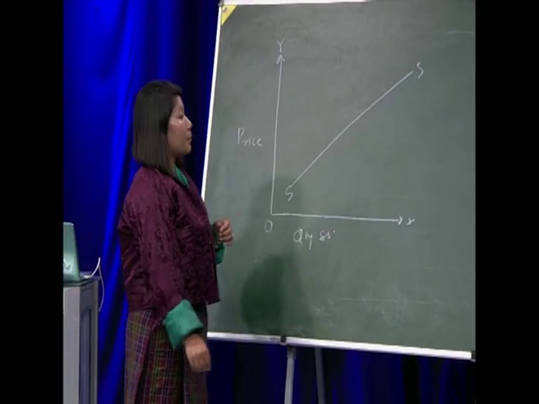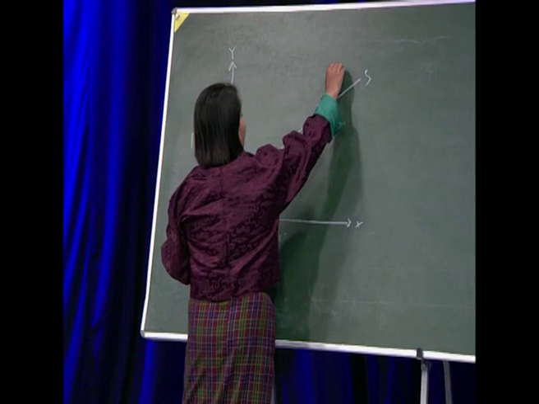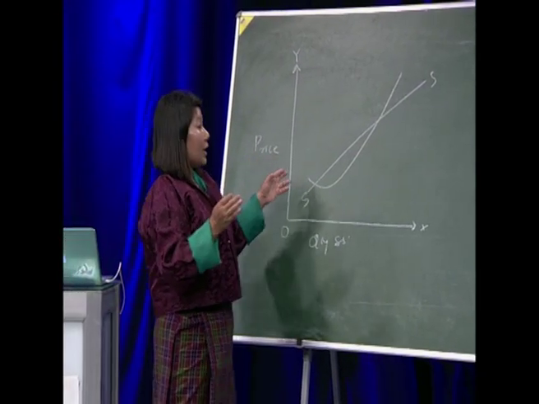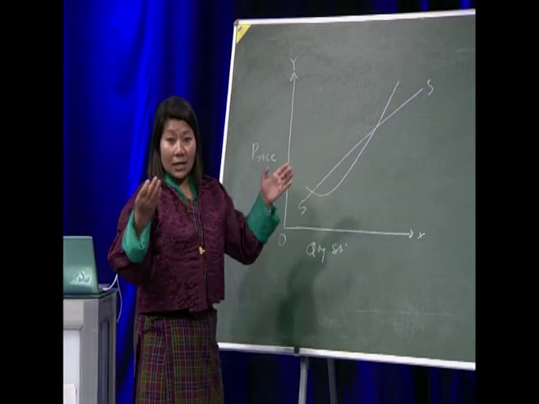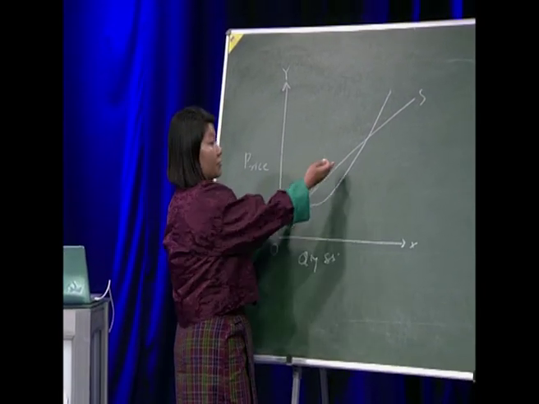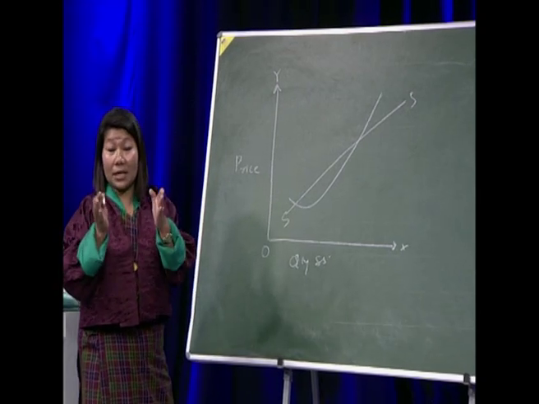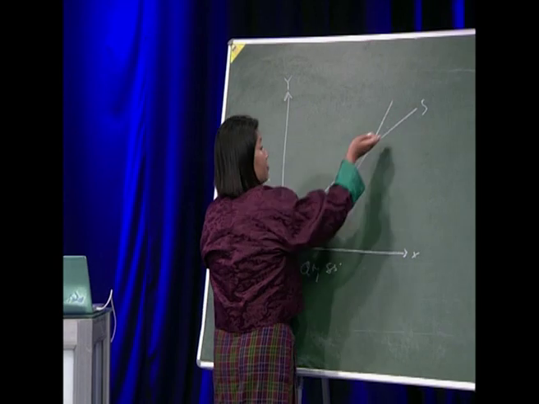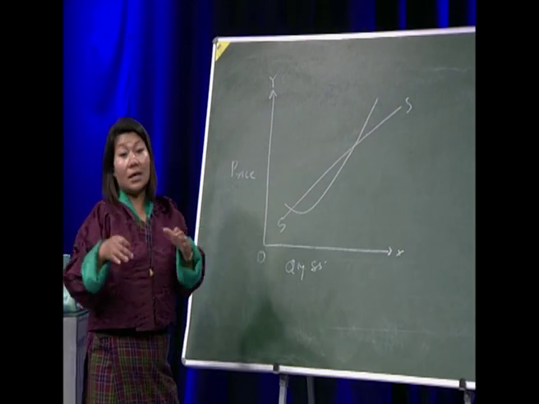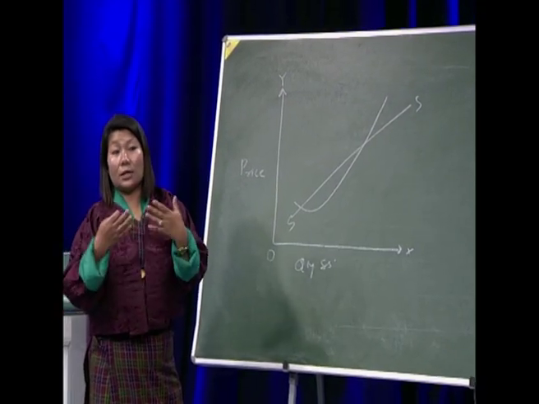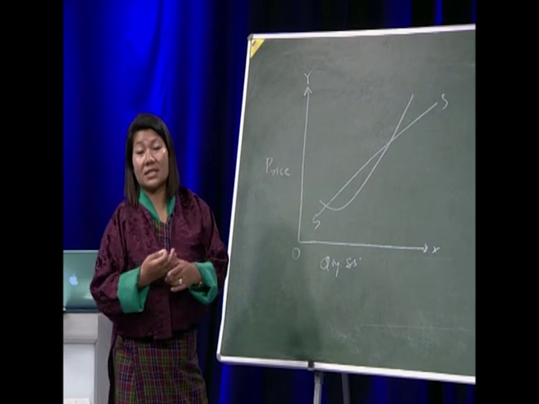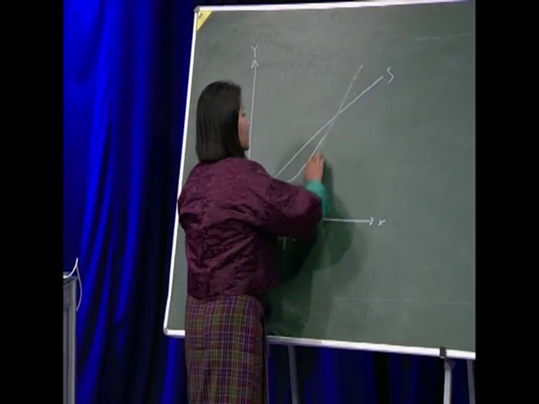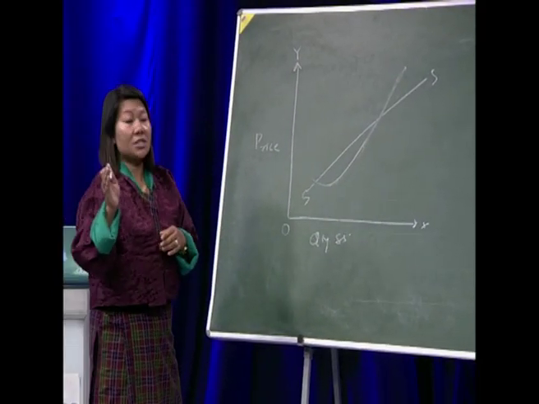Now, some of you may be wondering: the teacher is saying supply curve, but here I have drawn a straight line. Never mind, it is absolutely correct. Whether you draw a straight line or a curve, both are used to represent a supply curve. However, what you need to bear in mind is that your supply curve should be positively sloped.